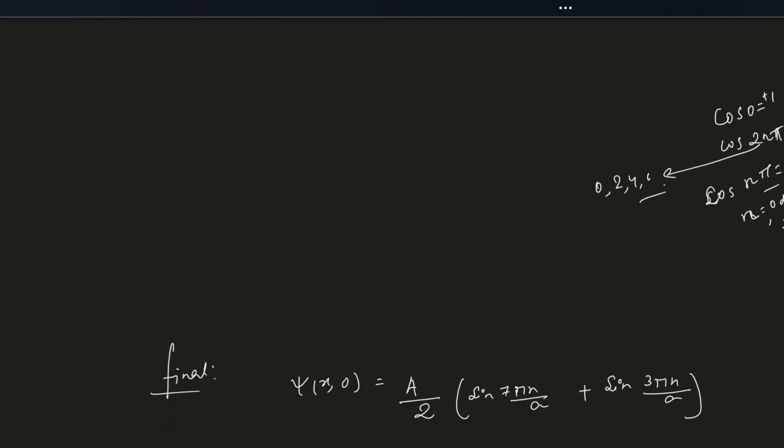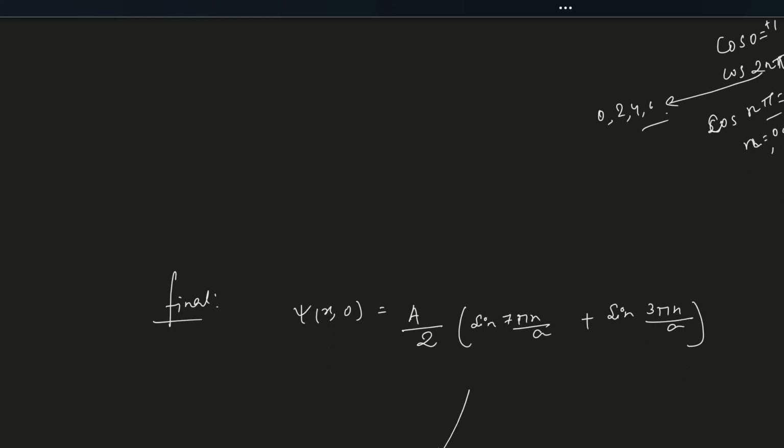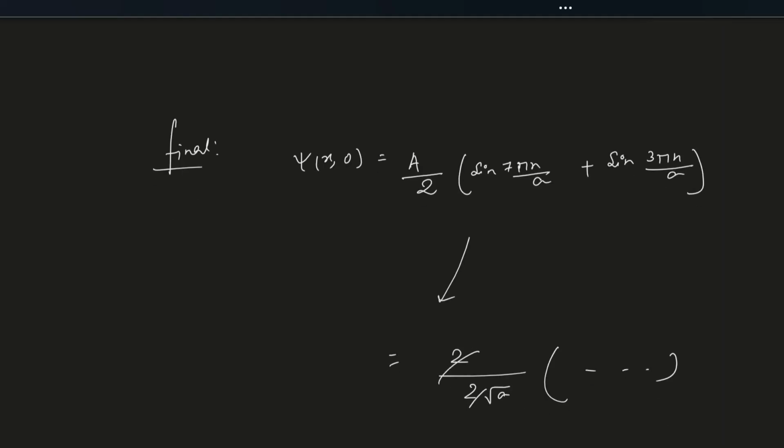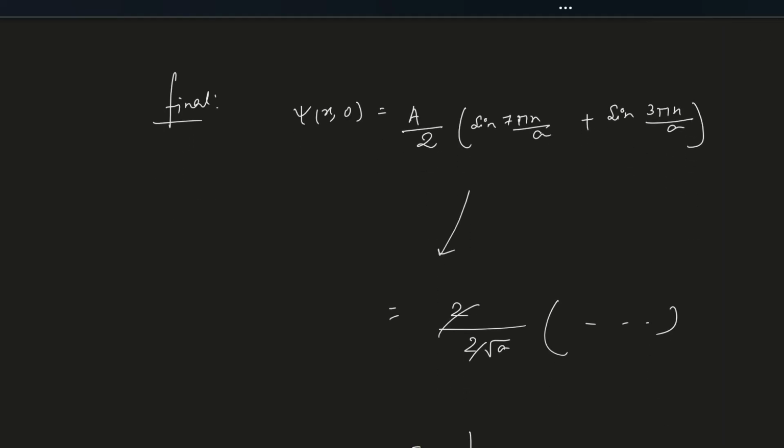So when you put this out here, this 2 and 2 cancel out. This is only 1 by root over a times this sine. So our final answer will be psi of x comma 0 is 1 by root over a times sine 7 pi x by a plus sine 3 pi x by a. So this is our answer.